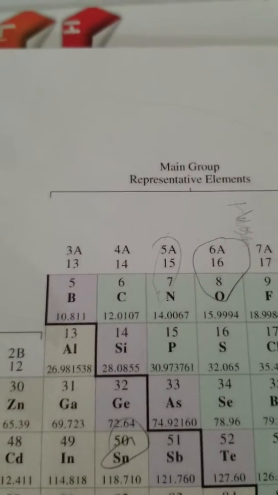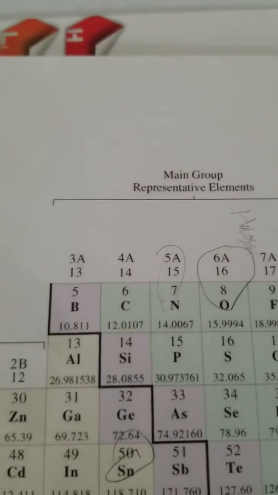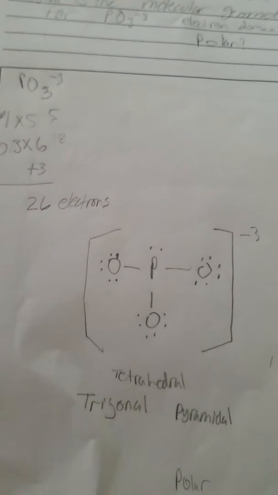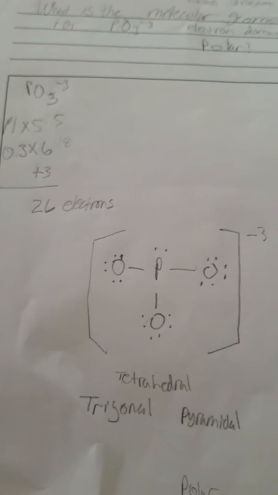Then O has 6, and since there's 3 oxygens in phosphite, it's going to be 3 times 6 for oxygen, which is 18. 1 times 5 for phosphorus, which is 5, and then because there's a -3 charge, you're going to add 3 more electrons. So there's a total of 26 electrons.